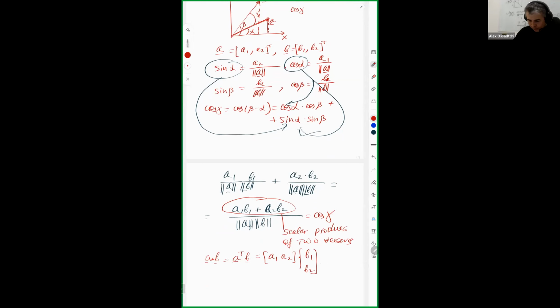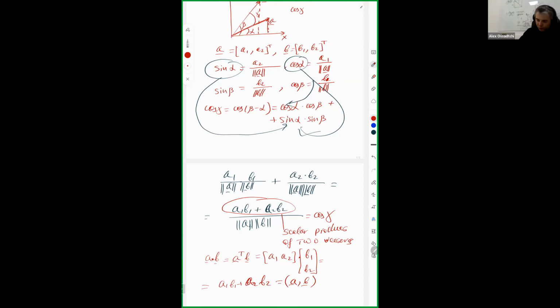You know how to multiply them: you multiply row by the column, and so you get the same expression, a1 b1 plus a2 b2, right? Sometimes people also denote this as a b with brackets like this.